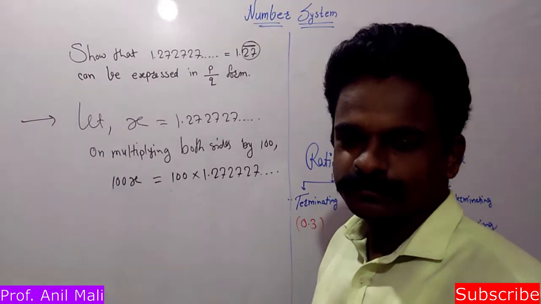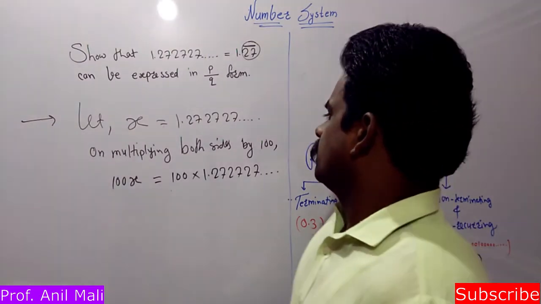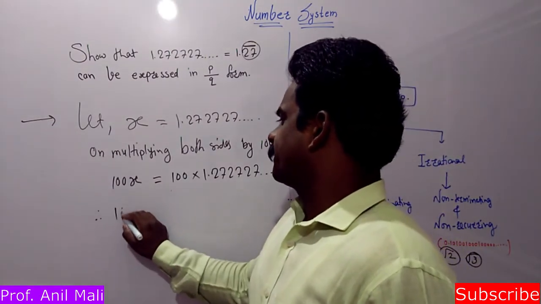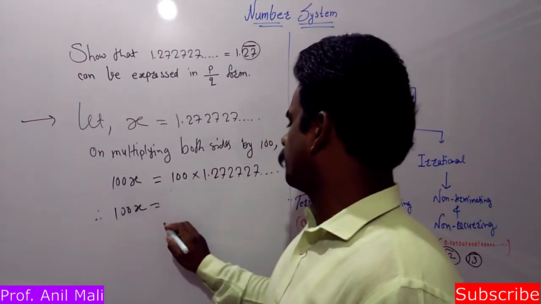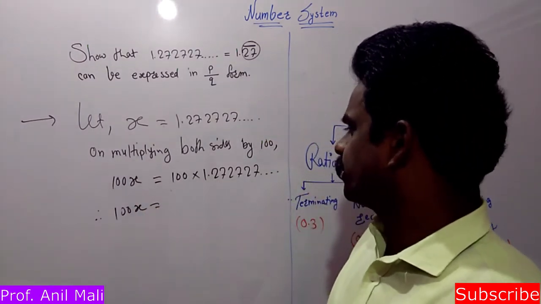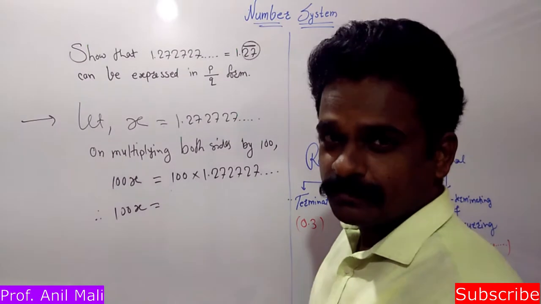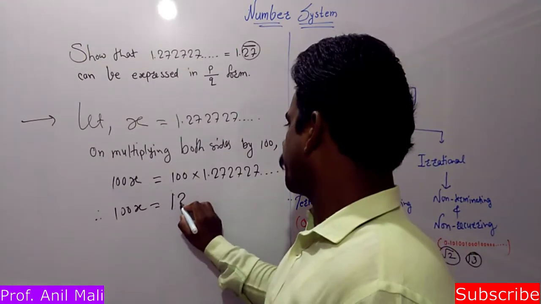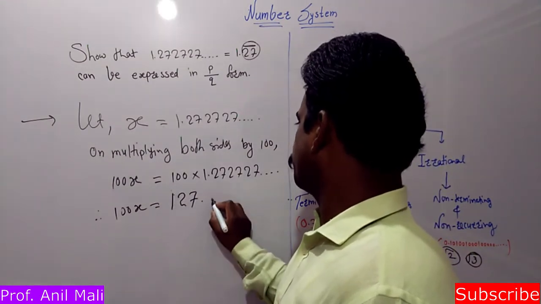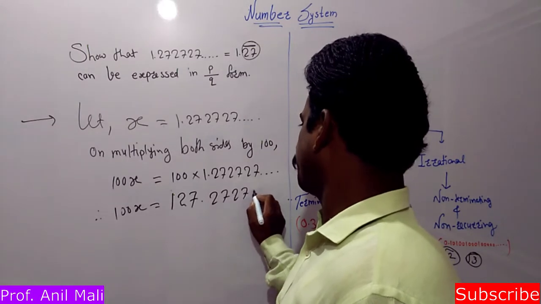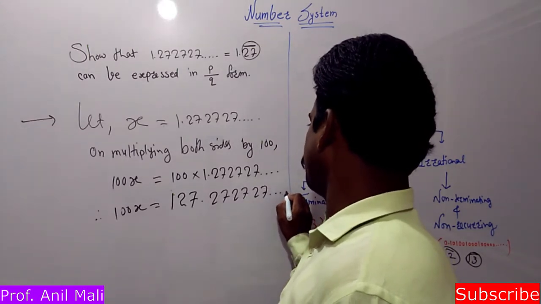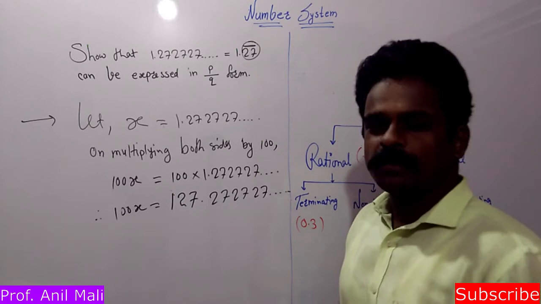No problem. Fine. So therefore we will write here 100x is equal to, now 100 into 1.272727, how much will it become? It will become 127.27, 27, 27 and so on. Okay, no problem.